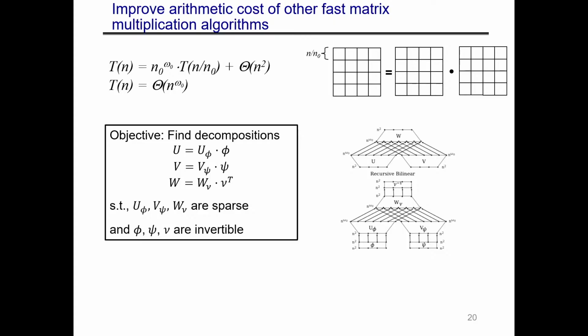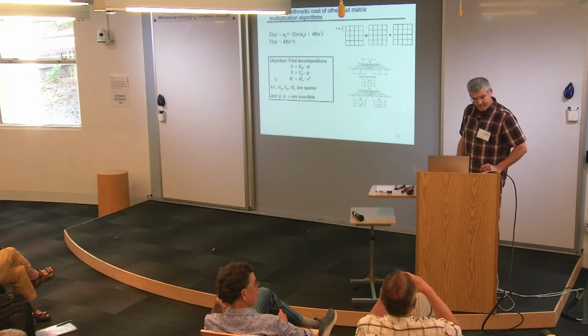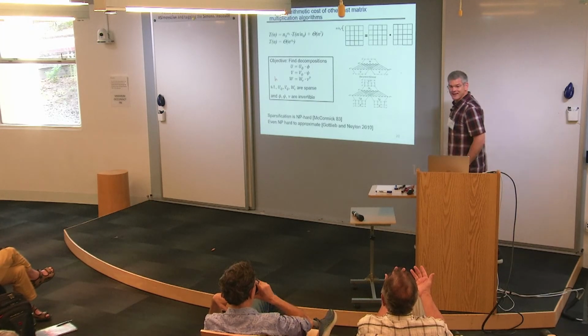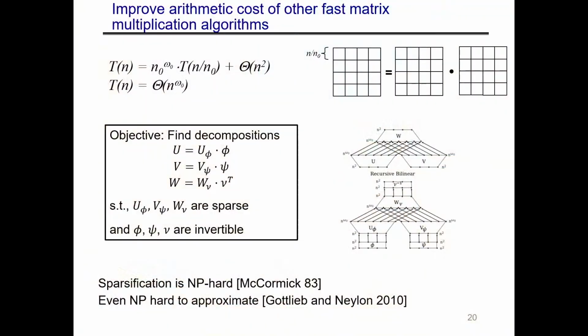So in general, finding a change of basis that makes it as sparse as possible, that must be a hard problem, right? Yeah, that's an excellent question. It's not only NP hard, it's even NP hard to approximate. So it seems like a lost cause. But we're doing this just once. It's not in runtime, it's in pre-processing. It's when you prepare the algorithm that you do that.